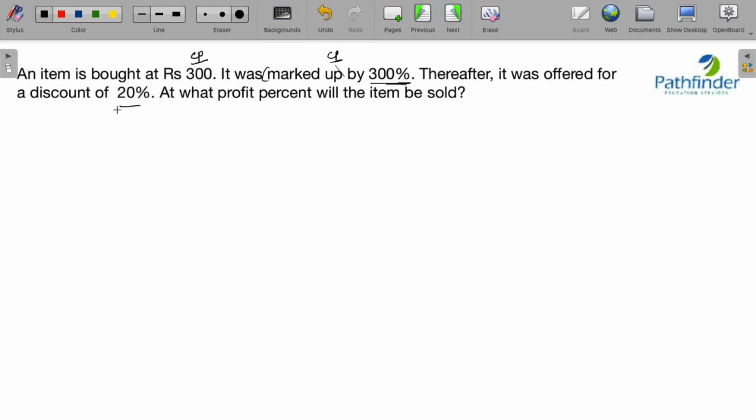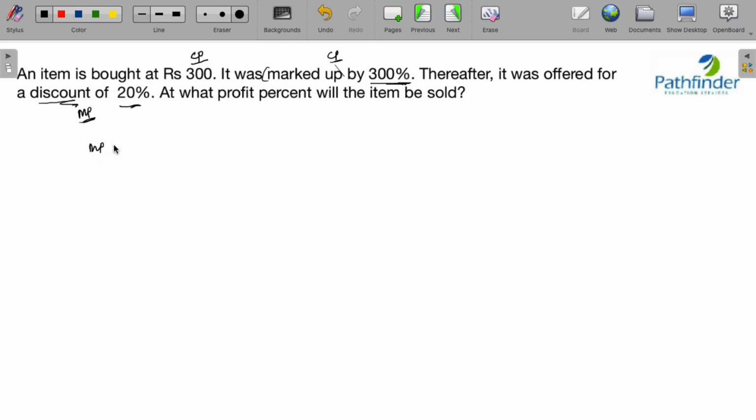Therefore it was offered, thereafter it was offered at a discount of 20%. Now this is a discount and nothing is mentioned in the question. Therefore we will assume that this discount is on the marked price. Now you know that percentage markup is 300%.